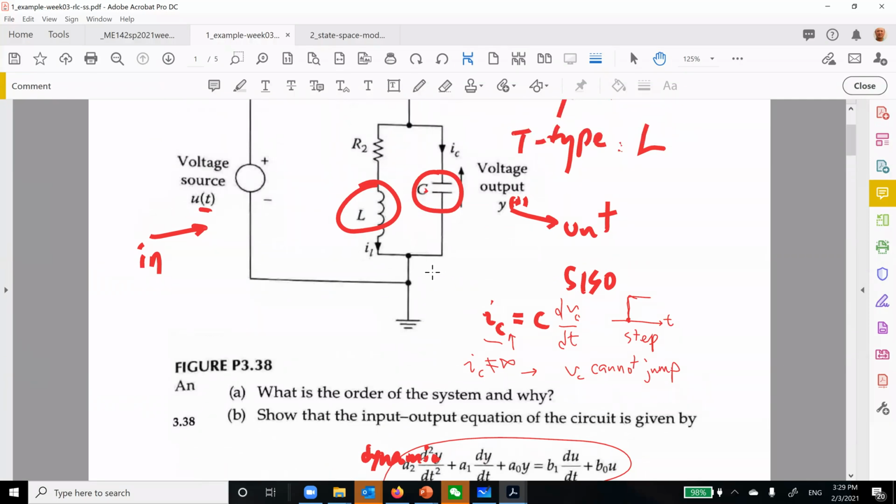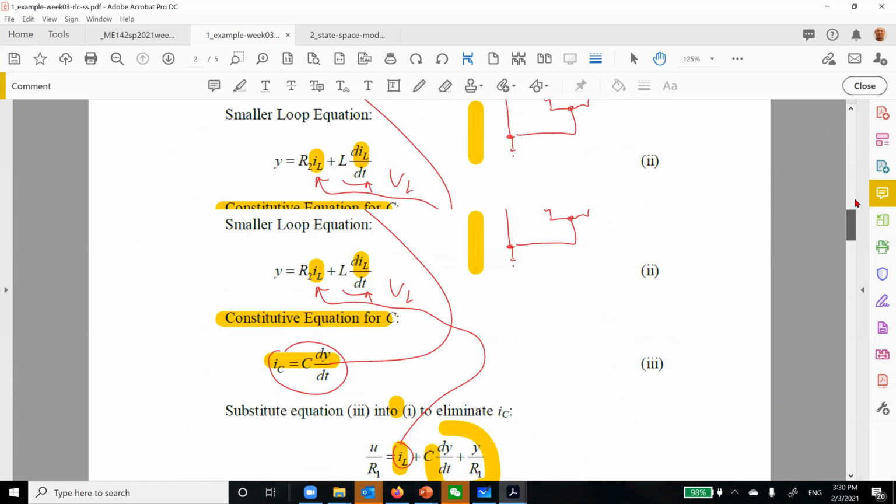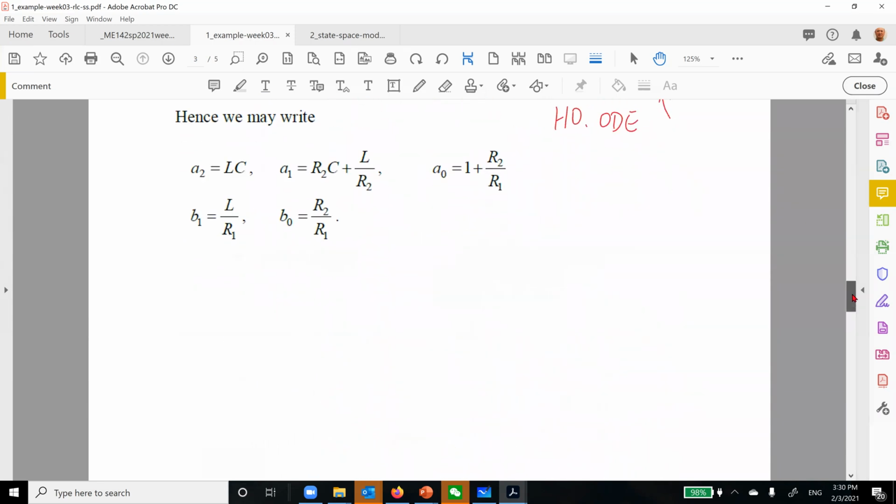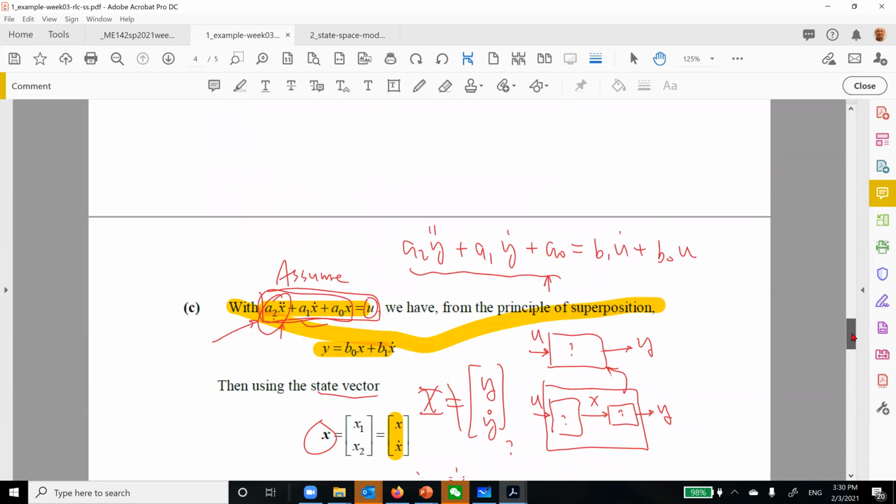But what is y dot? y dot is iC, okay? So you are asking that your iC cannot be jumping, which is not true. iC could jump, okay? So we are going to come back to this example probably again, okay?